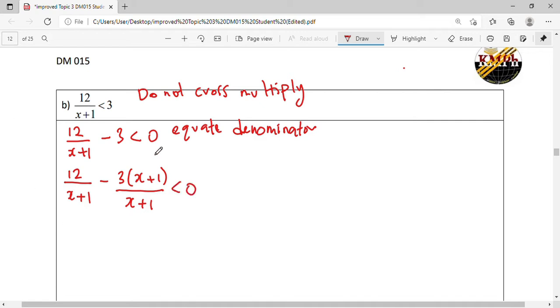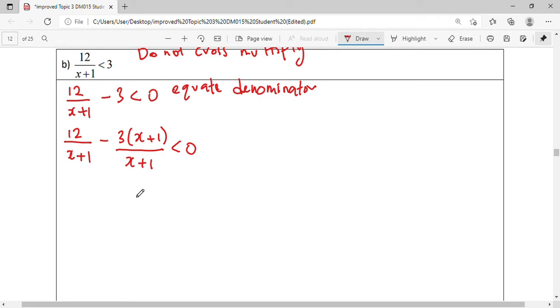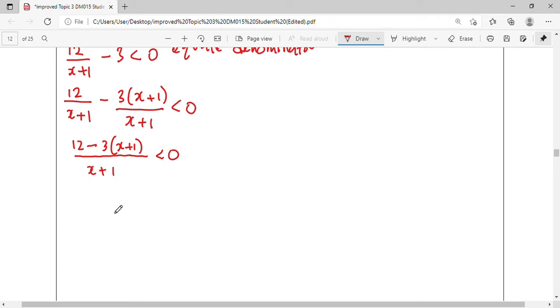Then you simplify it. You will get, over x plus 1 for the denominator, 12 minus 3 bracket x plus 1, less than 0.